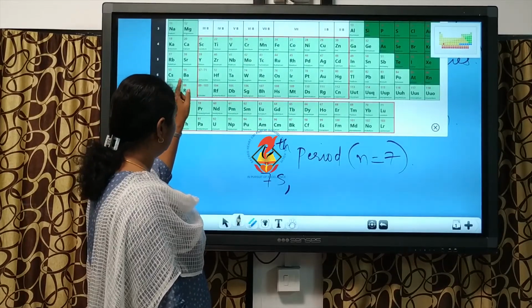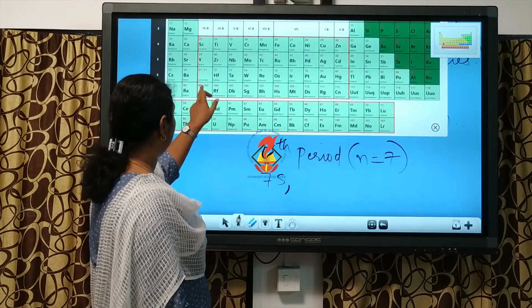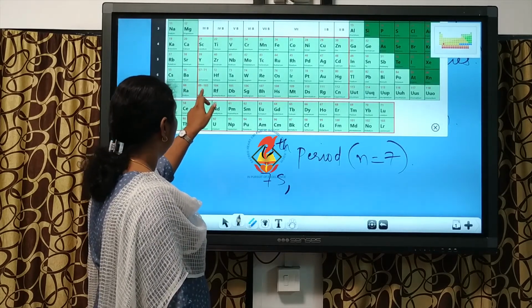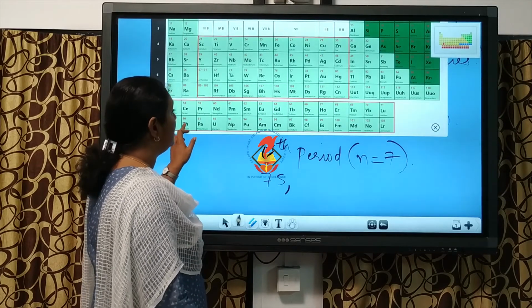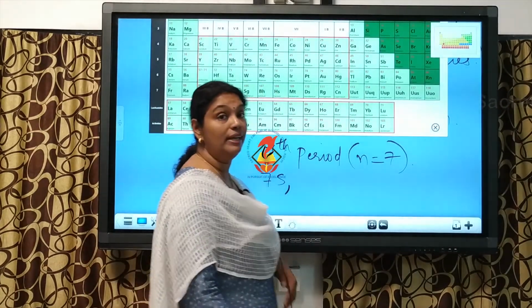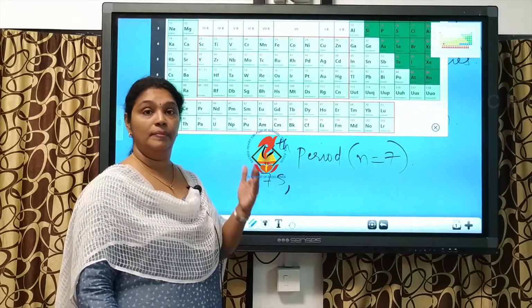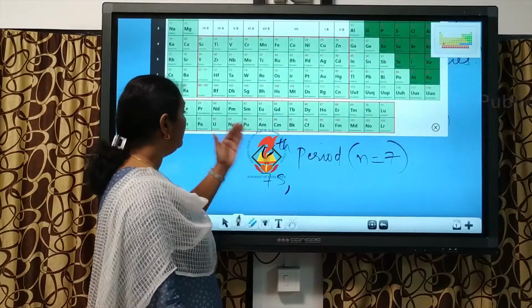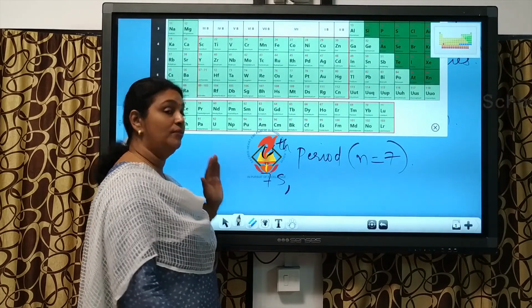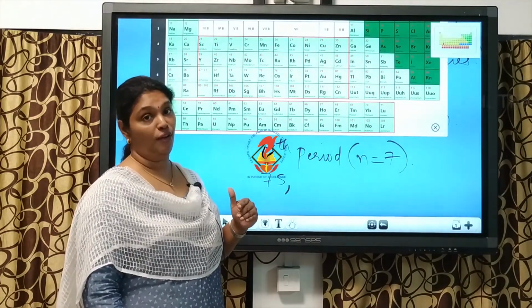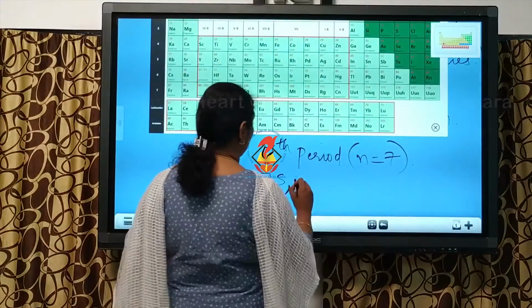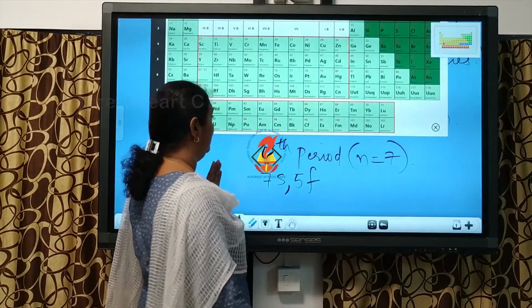Now after atomic number 88, we have atomic number 89, actinium. After 89, 90 to 103, 14 elements following actinium. And which orbital gets filled in them? 5f orbitals. So after 7s we have 5f orbital getting filled.